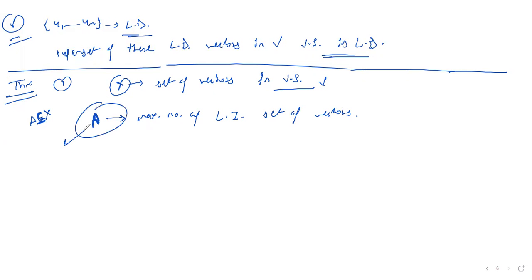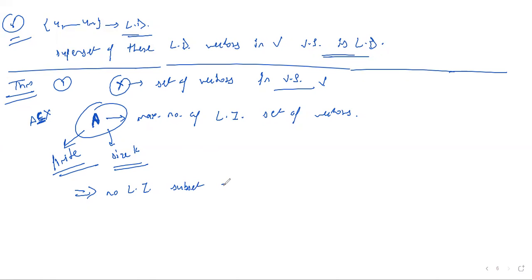If this A is finite, let's consider it has size k, the number of vectors in it. Then no linearly independent subset of x has a size more than k.